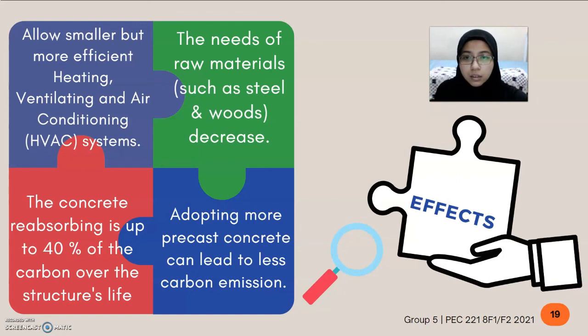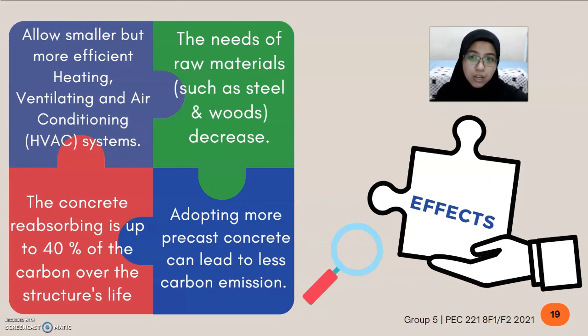And then the third effect is that adopting more precast concrete can lead to less carbon emission. It is said that the design of precast concrete can contribute less stress on our environment as the need of raw material is less.